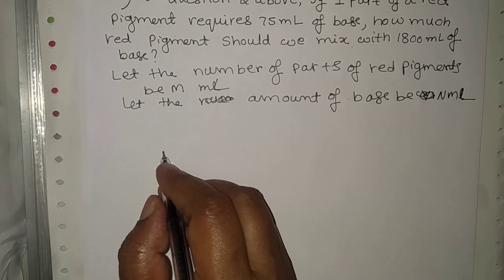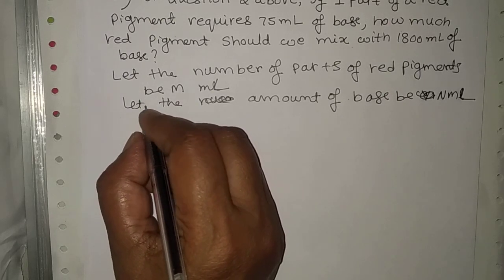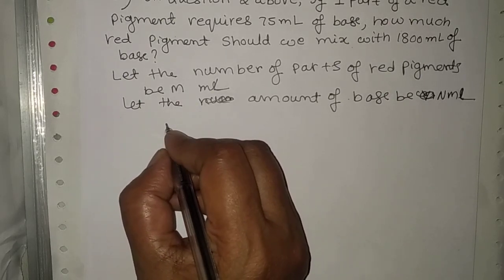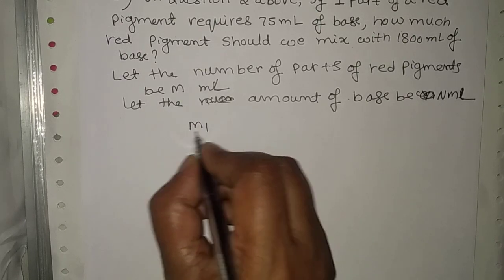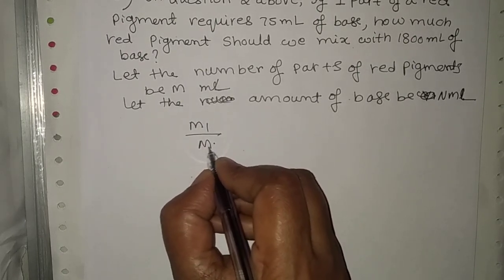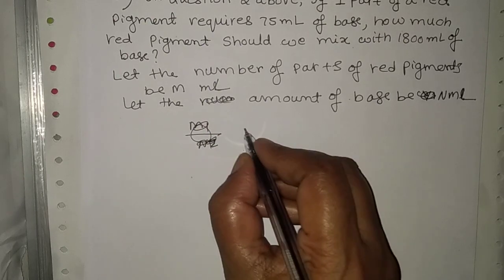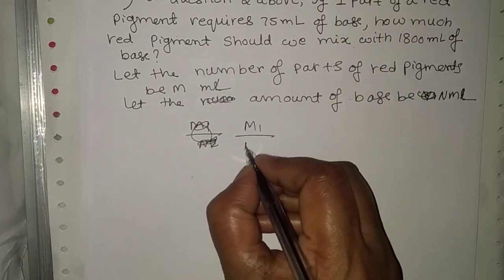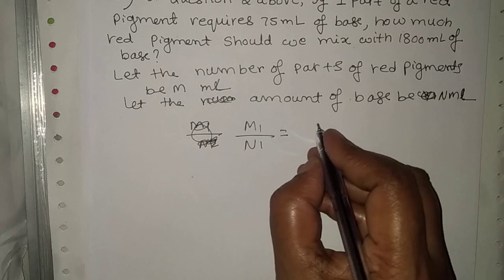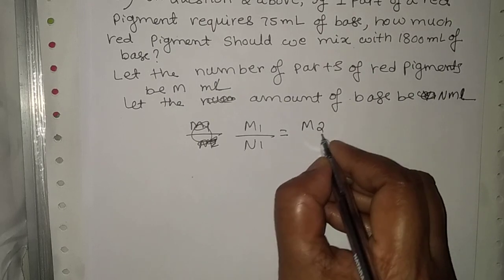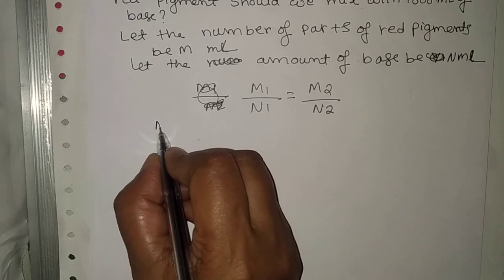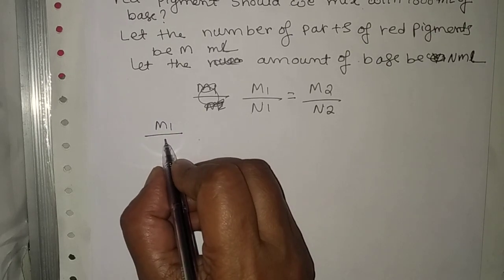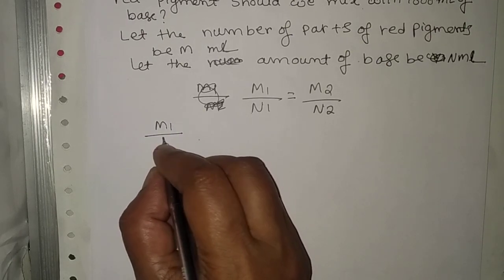So next what we have to do, same relation type we'll use. Take this as m1 by n1 is equal to m2 by n2.